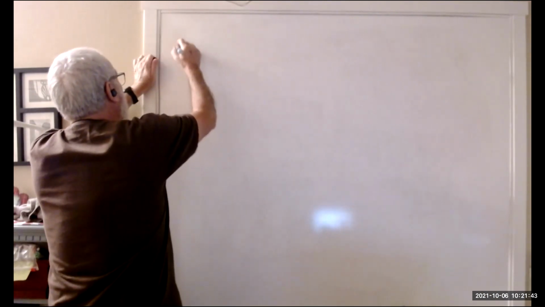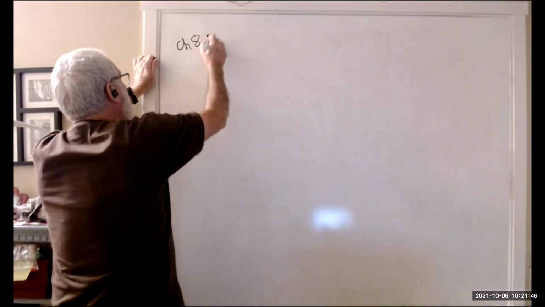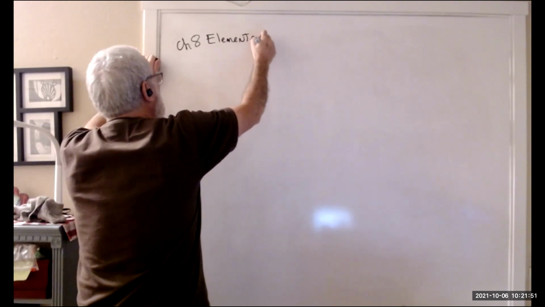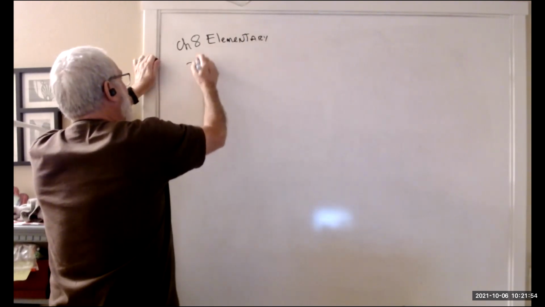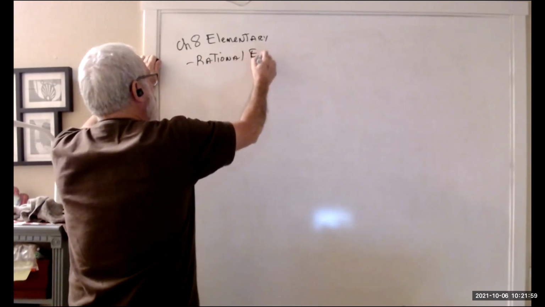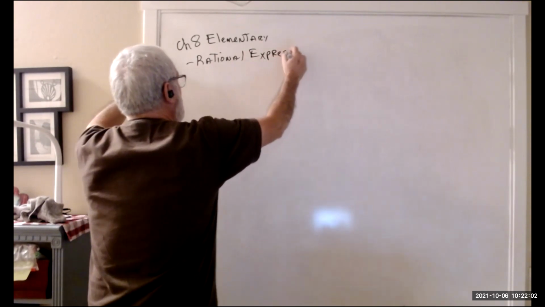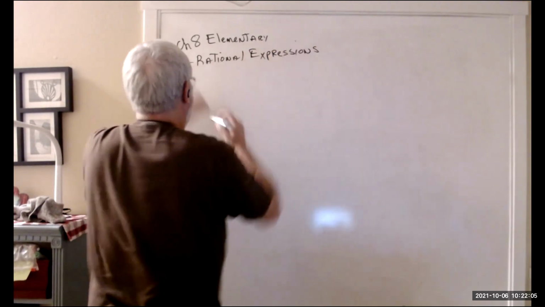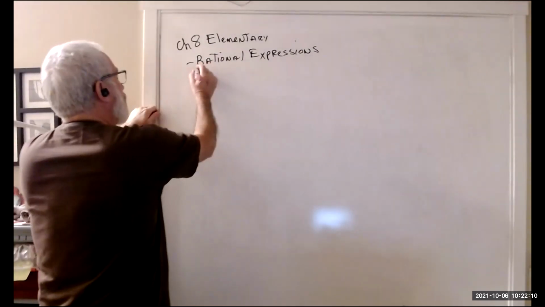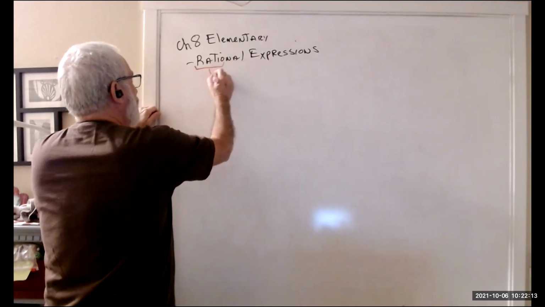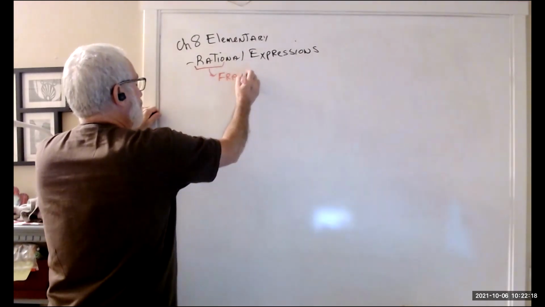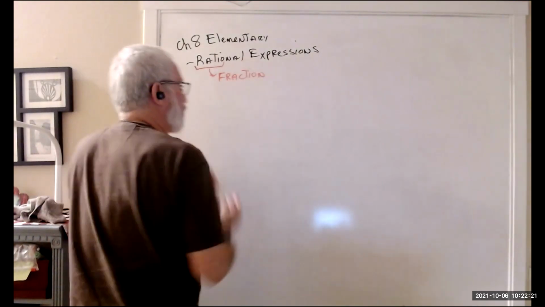So tonight we're going to start chapter 8E for elementary. Okay, it's rational expressions. If you look at the root word of rational, it's ratio, and it literally means fraction. A ratio is a fraction.